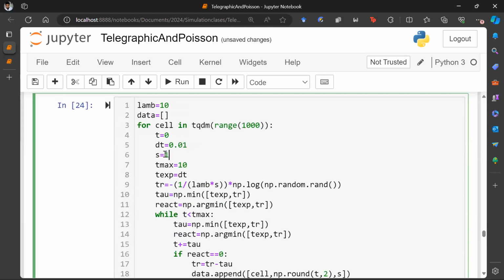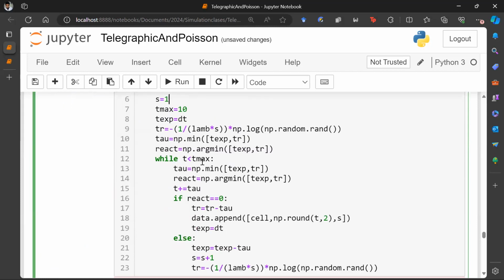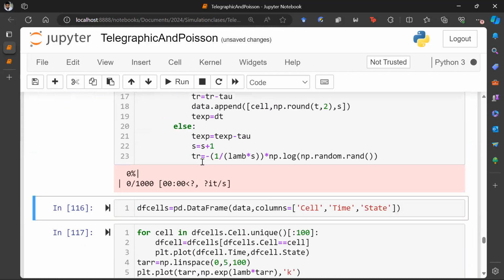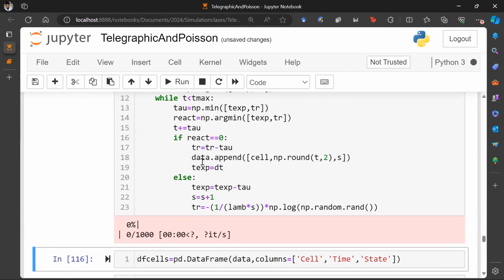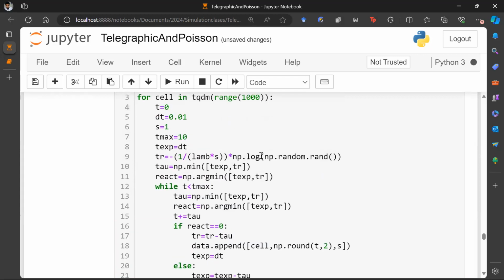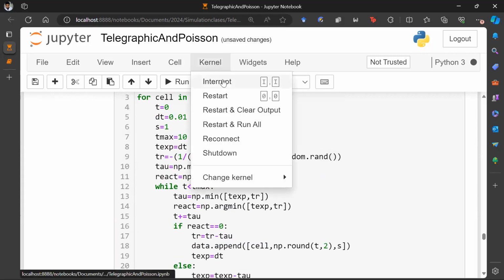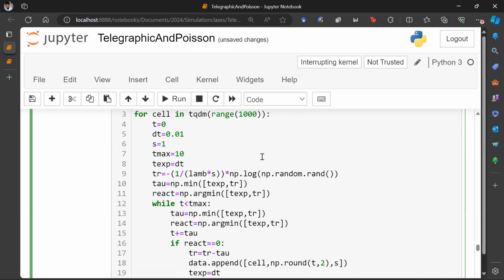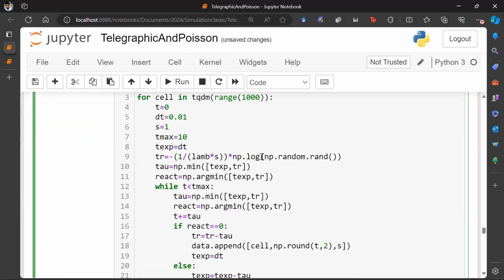I have to start from one, because if there are no individuals... What's the problem?